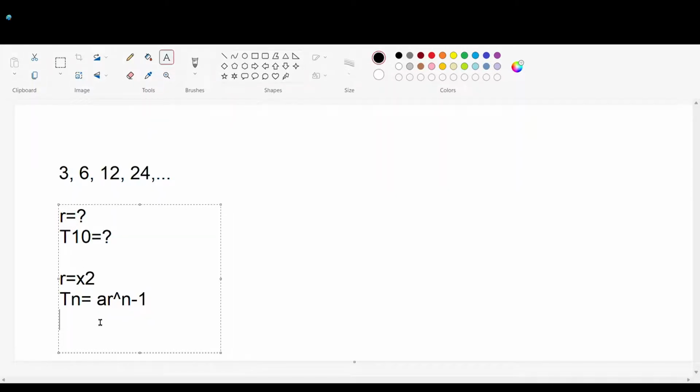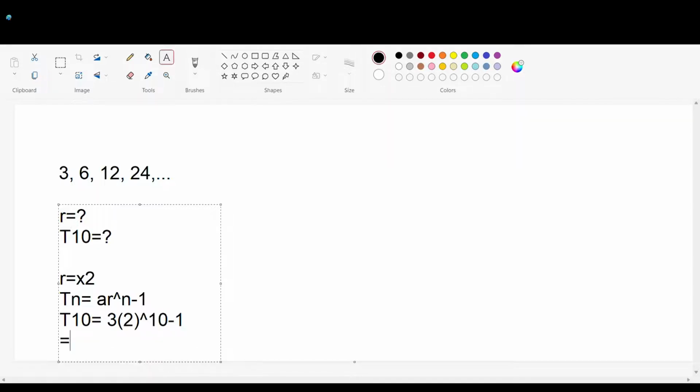And the 10th term, we would use the same formula. The 10th term is equal to a r to the power n minus 1. a is 3 times r, which is 2, to the power n minus 1. n is 10 minus 1.